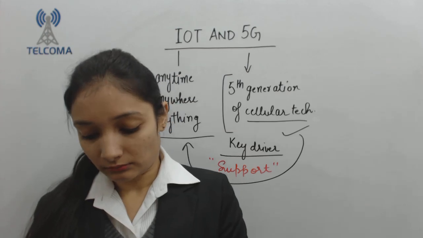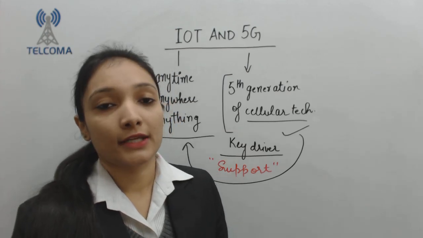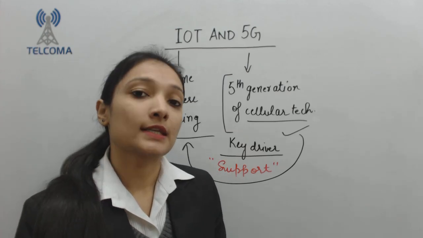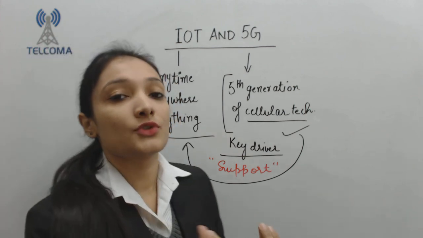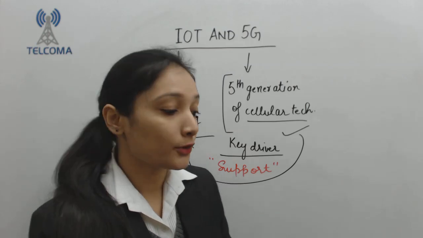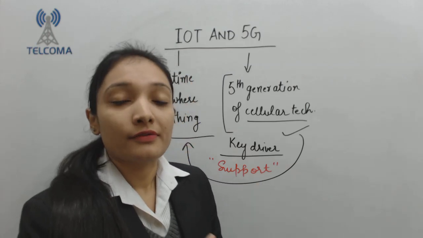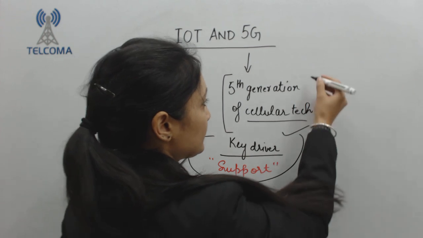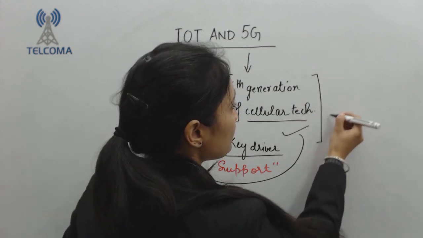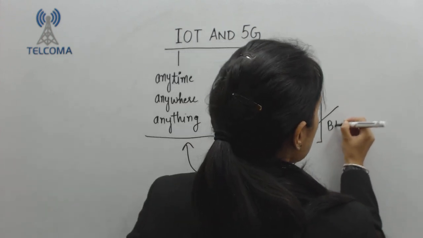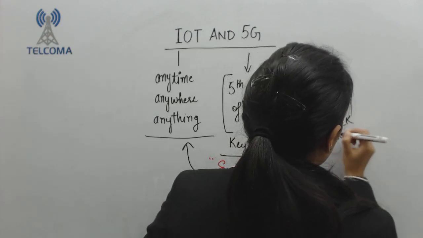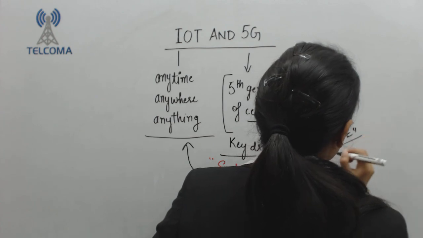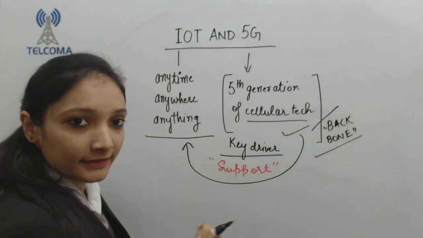Now we know that certain sensors and actuators don't need gateways to get connected to the backbone network. They can directly be connected to your GSM systems, your LTE, or now the fifth generation of technology. So this system is supposed to act as the backbone for your Internet of Things.